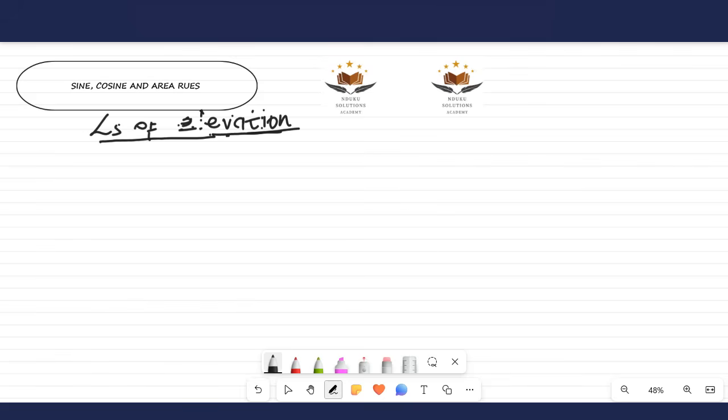In actual sense, the angle of elevation is the angle between a horizontal and a line of sight up to an object. This is what I mean. Let's say we have a line, and then our object is here.